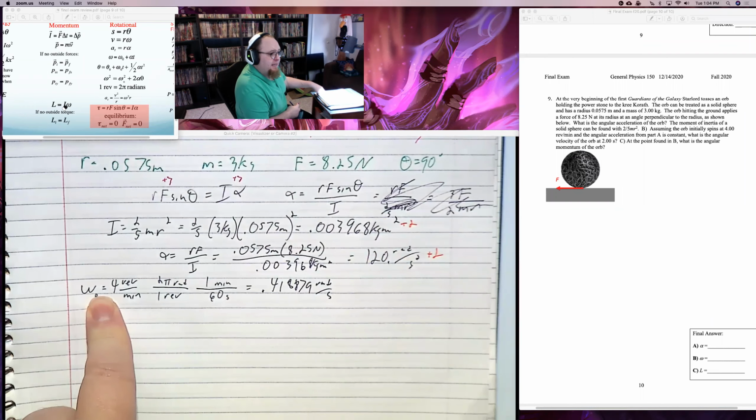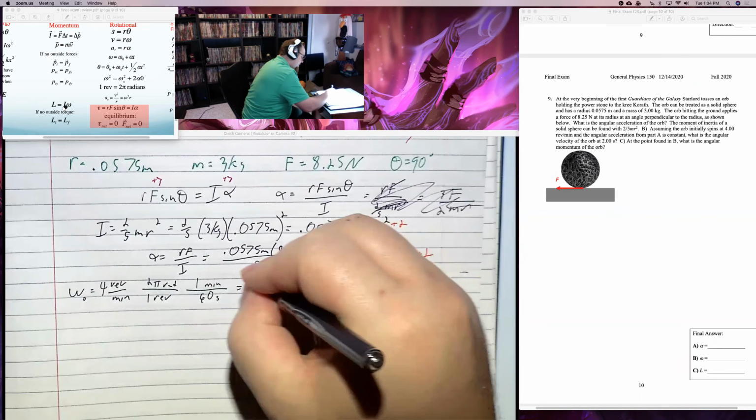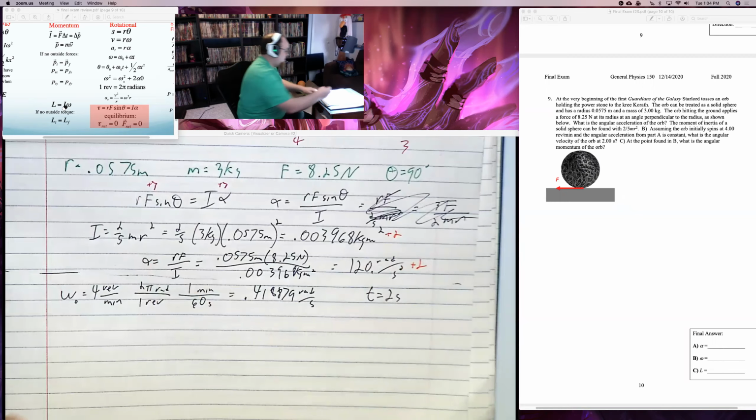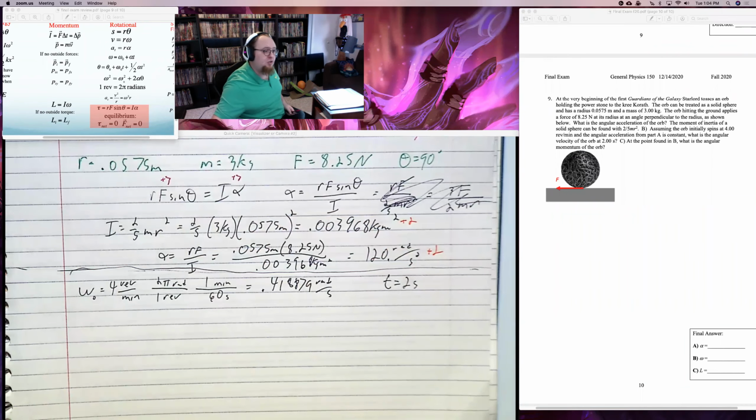If it's initially spinning at that, and my alpha is constant, what's the angular velocity at 2 seconds? Well, take a look. I gave a time. This goes back to what I said before: if I give a time or angle, that is kinematics. So I'm going to go back up to my kinematics equations. I know time, so we can get rid of the one without time.